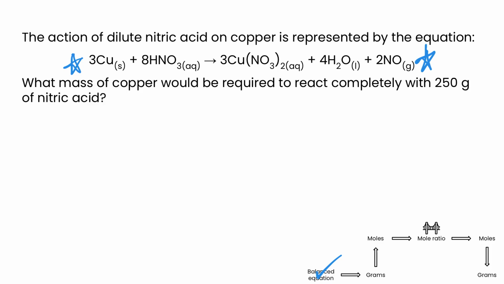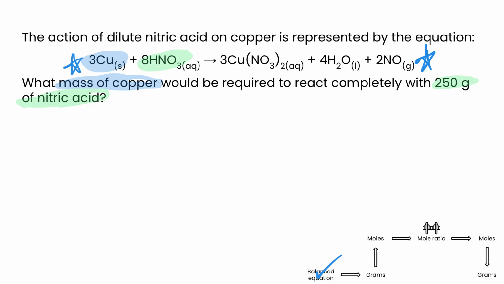So let's get out our handy highlighter and highlight that we're looking for the mass of copper, and copper's right here in our balanced chemical equation. And then we are given 250 grams of nitric acid. So that is right here in our balanced chemical equation.